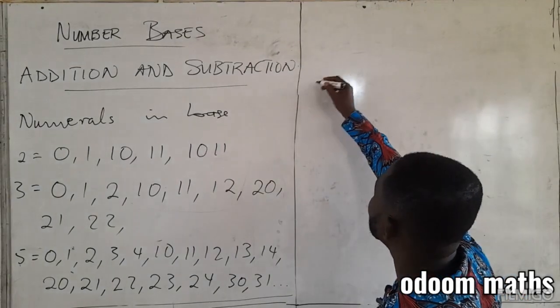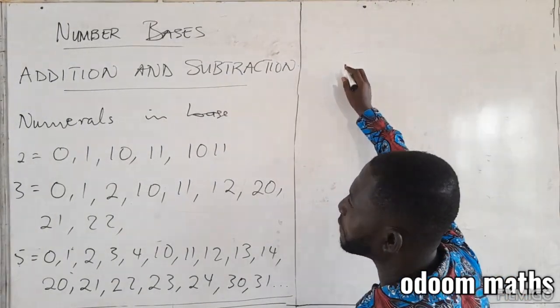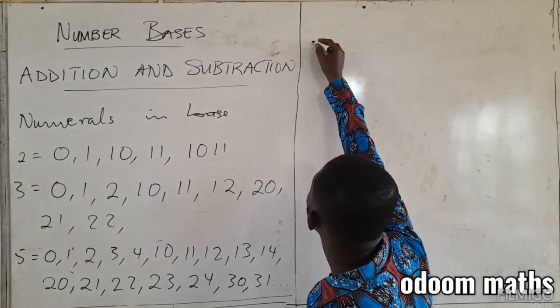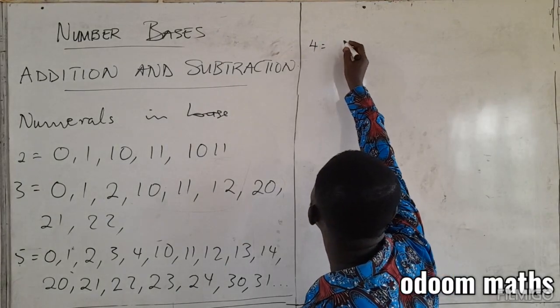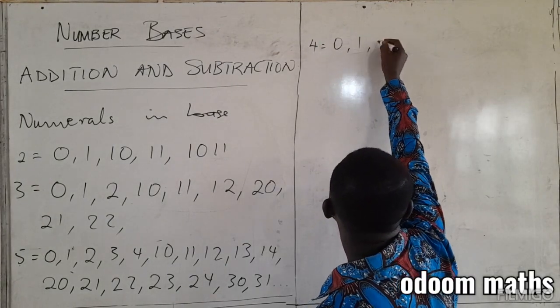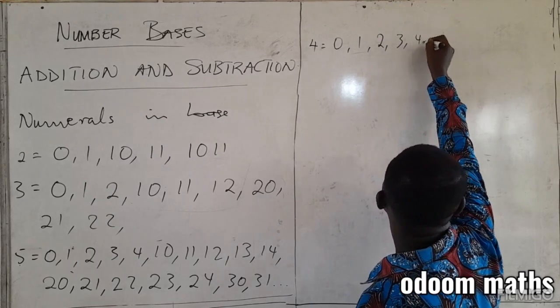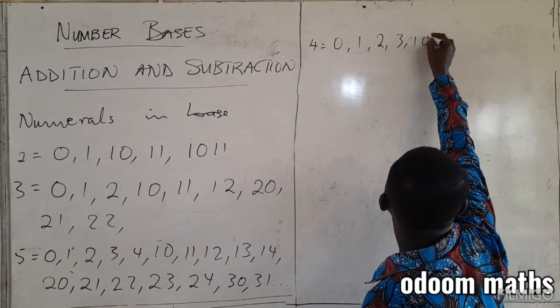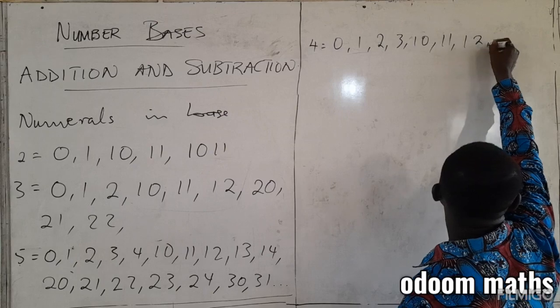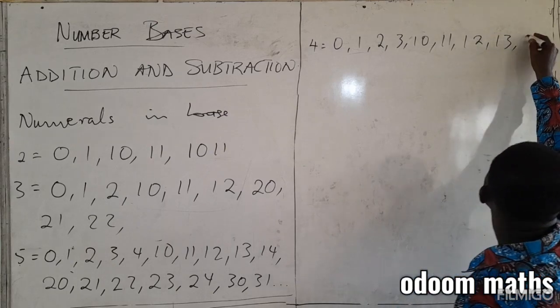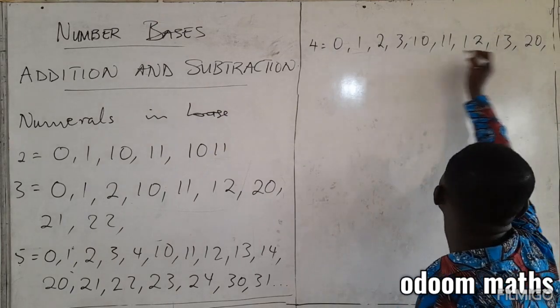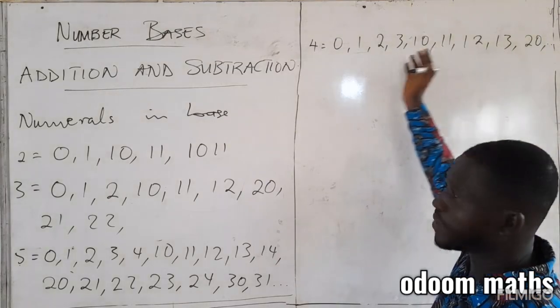So let's also look at the numerals for base 4. So 0, 1, 2, 3, 1, 0, 1, 1, 1, 2, 1, 3, 2, 0, and the rest, but we shouldn't see 4.